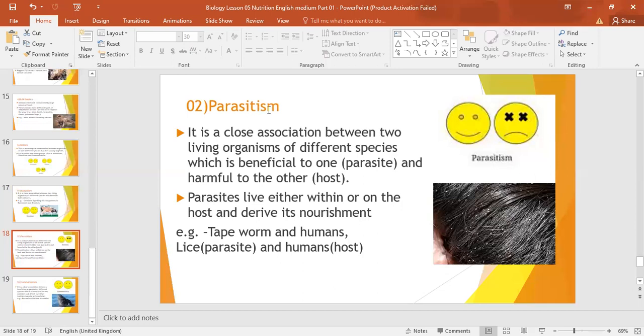That is parasitism. It is a close association between two living organisms of different species, which is beneficial to one, the parasite, and harmful to the other, the host. Parasites live either within, like tapeworms, or on the host, like lice, and derive their nourishment.